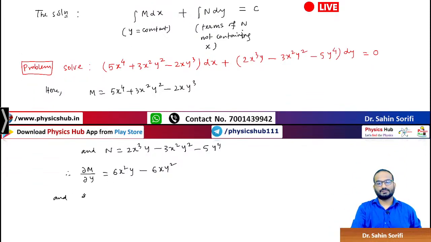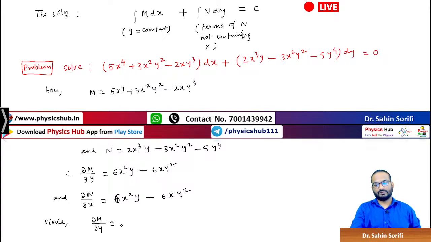Del N by del x is 4x square y minus 6xy square. What will 4 be? It will be 6. And since we have got del M by del y is equal to del N by del x, the given equation is exact. Correct?